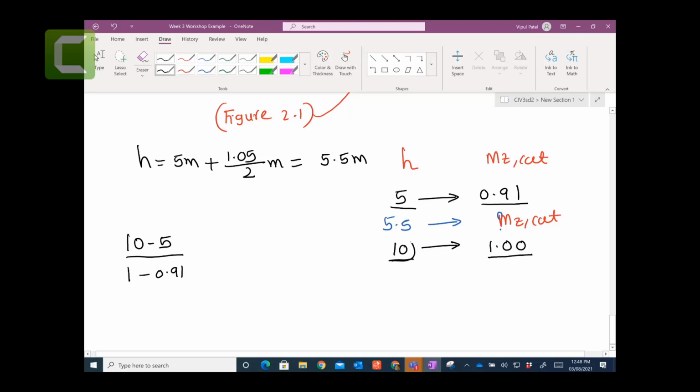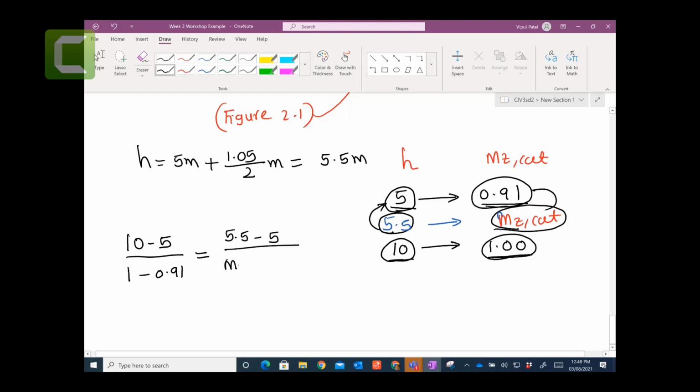I hope you understand. 10 minus 5, then you take 1 take away 0.91, equal to, similarly, 5.5 take away 5, respectively Mz,cat take away 0.91.